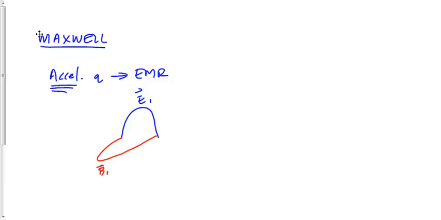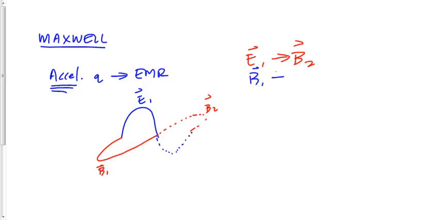Maxwell said that a changing electric field will produce a changing magnetic field. So E1 produces B2. And a changing magnetic field will produce a changing electric field. So we're going to say that B1 produces E2.